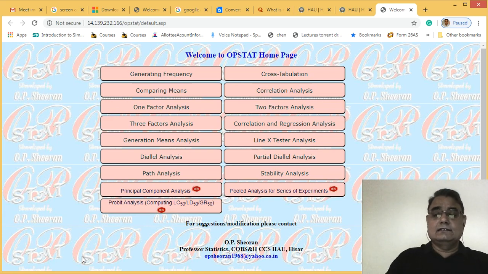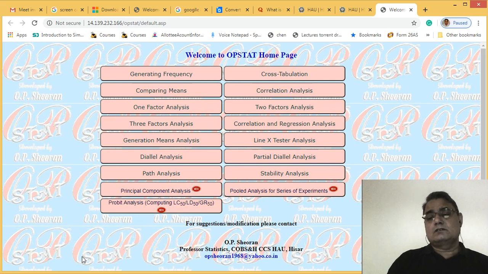Then diallele analysis, actually the module consists of the diallele analysis given by Griffing's model. Griffing gave 4 methods of analyzing diallele crosses.